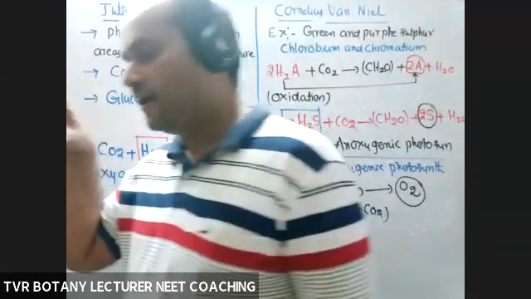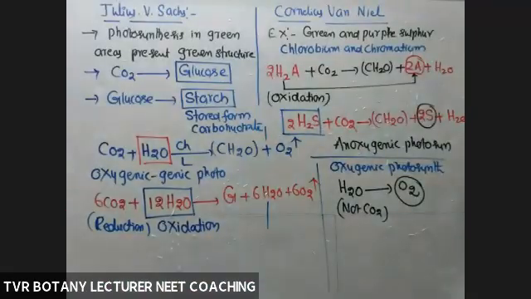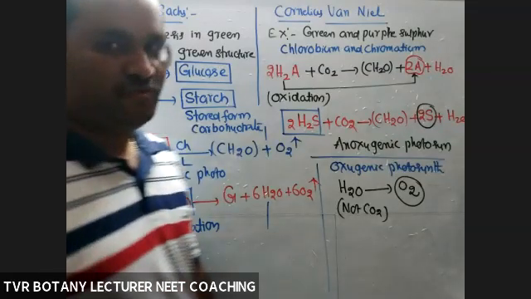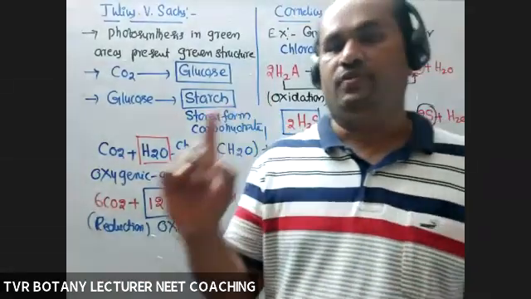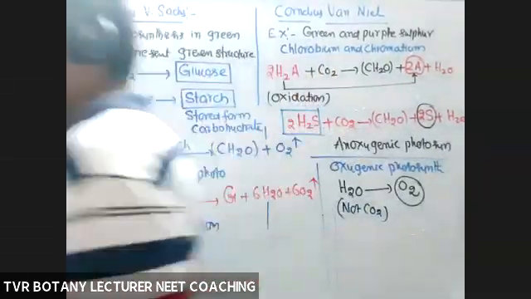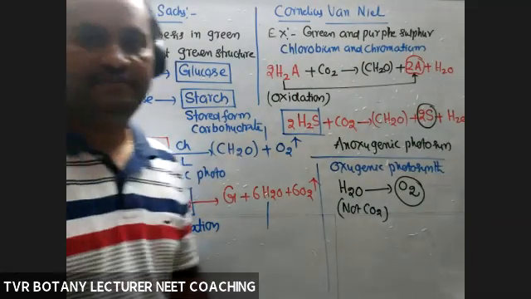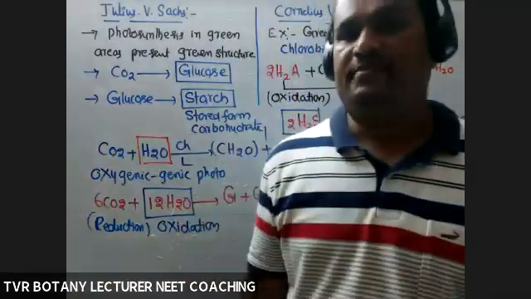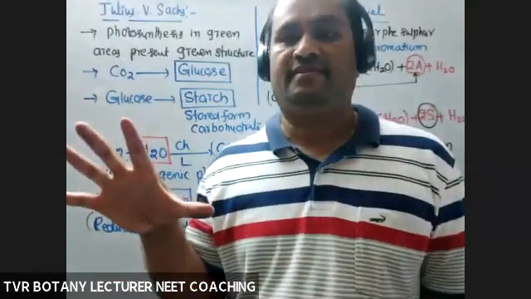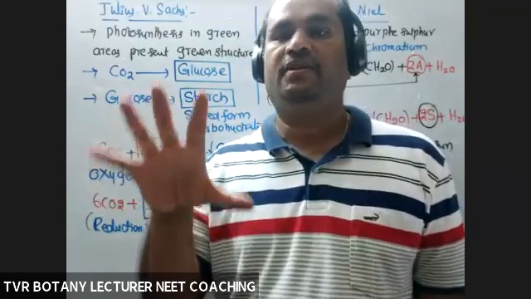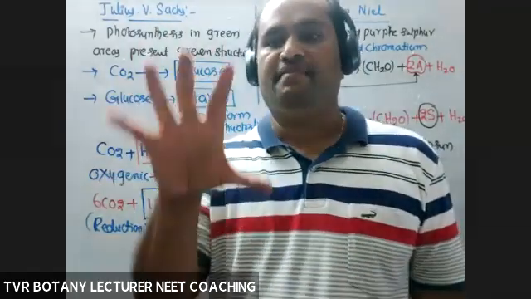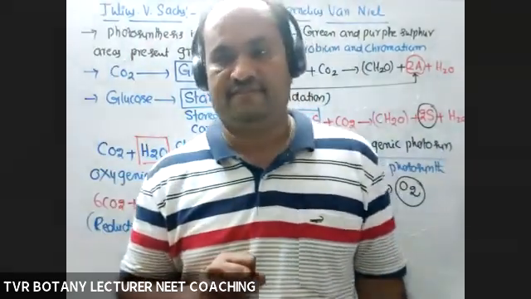Ruben and Kamen. So what about the radioactive isotope used by them? O18. Okay, so that is about early experiments with the help of which we understood, and nowadays we are studying the mechanism of photosynthesis, right?